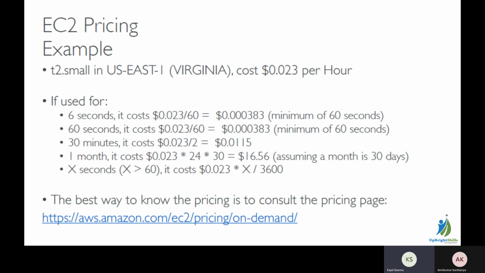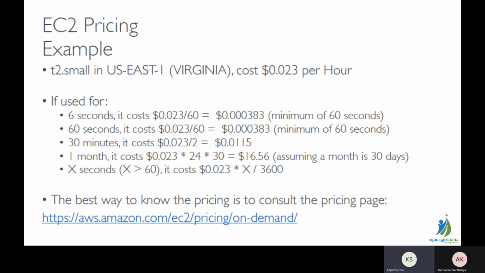For EC2 pricing, for example, I have taken T2 small in US East 1, North Virginia, and the cost is 0.023 per hour. For 6 seconds, it costs 0.023 divided by 60.